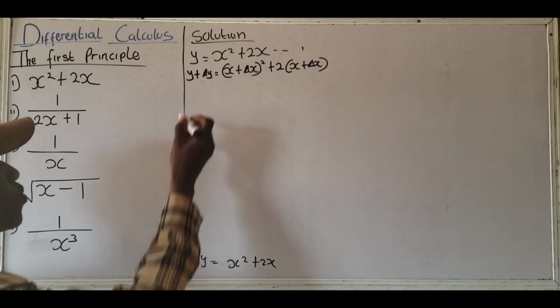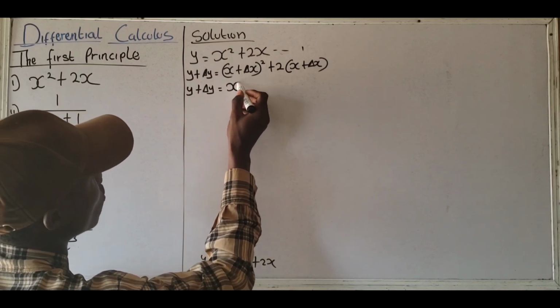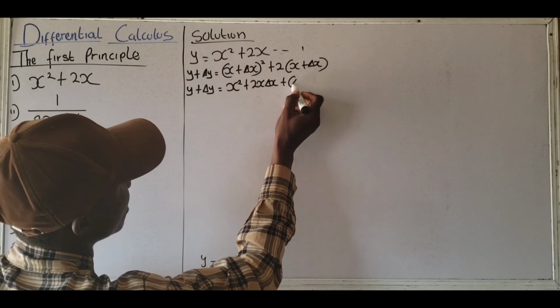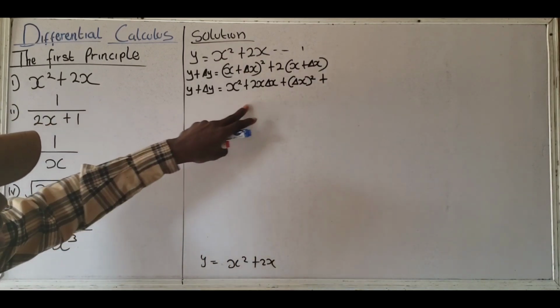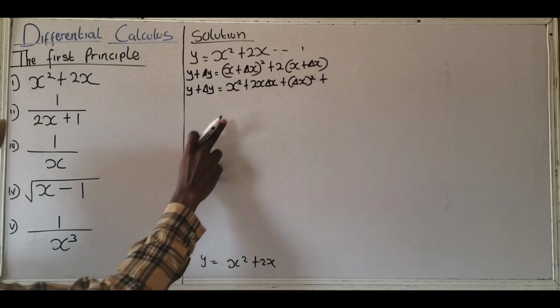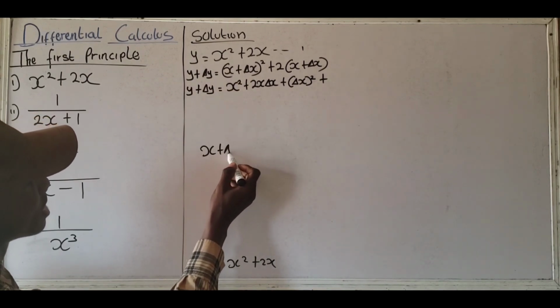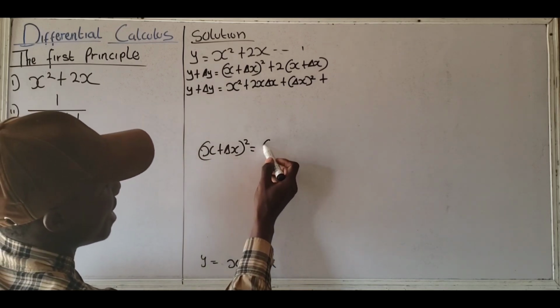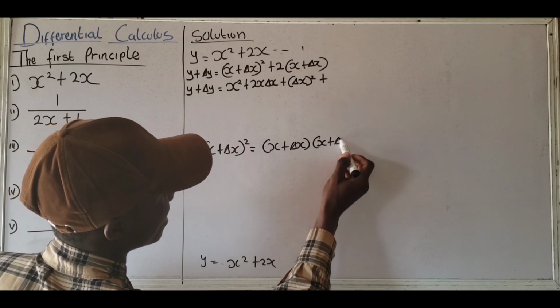So I'm going to have y plus delta y equals x squared plus 2x delta x plus delta x squared, okay? Plus, now, please kindly pay attention. You see what I did here, look, if you expand x plus delta x squared, you are going to have x plus delta x, then x plus delta x, you understand?